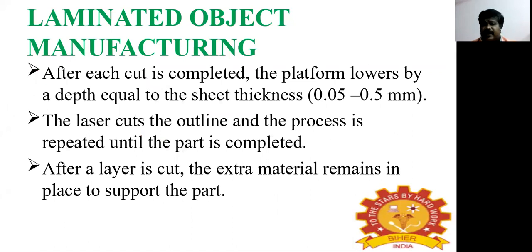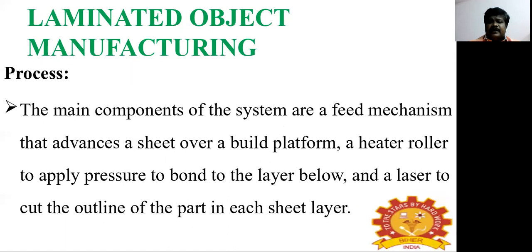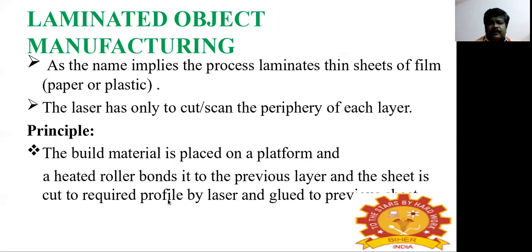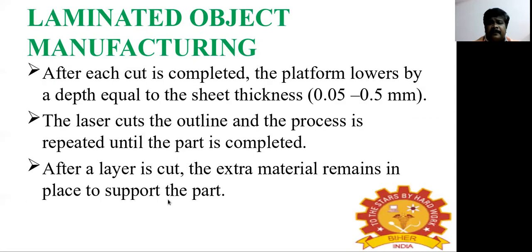Once each layer is cut and completed, what happens? You can see the platform lowers by a depth. In this figure, you can see the layered part, support material, and the platform. The platform lowers by a depth equal to the sheet thickness, so layer by layer the platform is lowered by 0.05 to 0.5 mm.